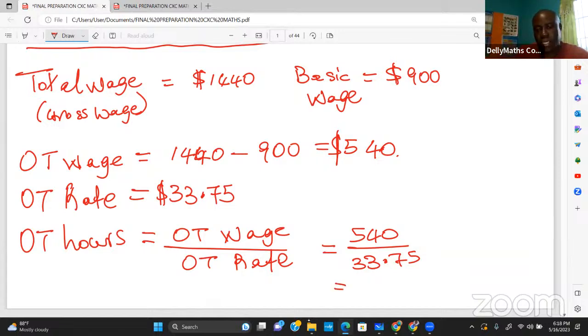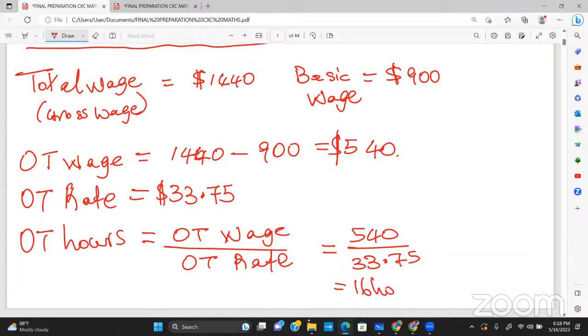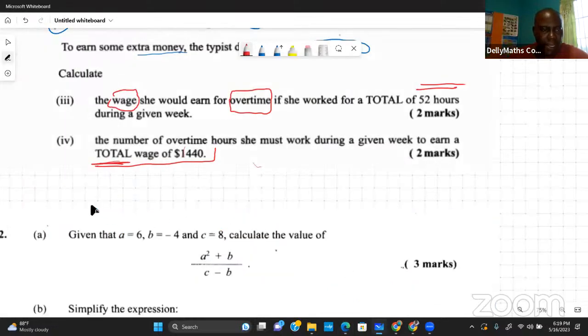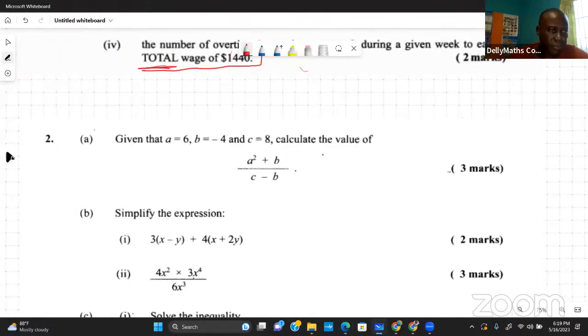This will take me 16 hours on overtime to pull that off. So these questions do come: at number one, you're looking for some numbers, some rounding off, some fractions, then consumer math, which can be anything like wages, percentage, and so on. So you have to read, take your time, and put it together properly.